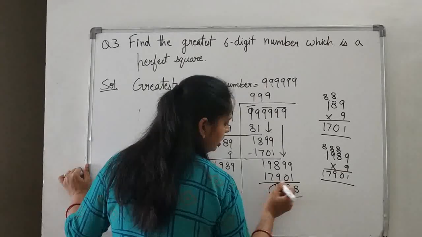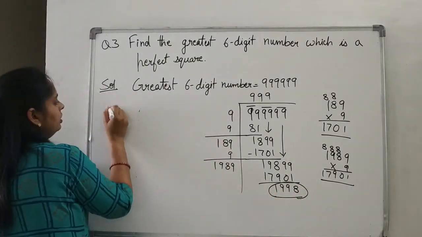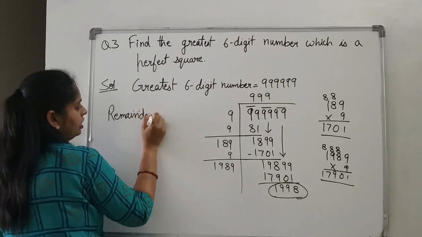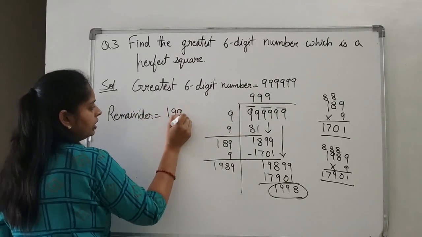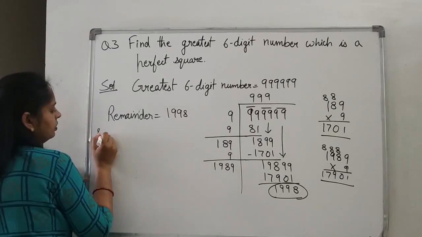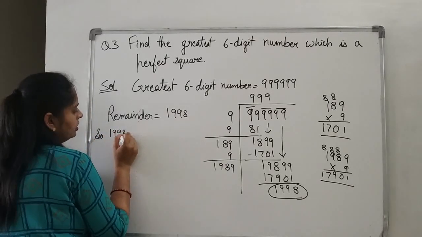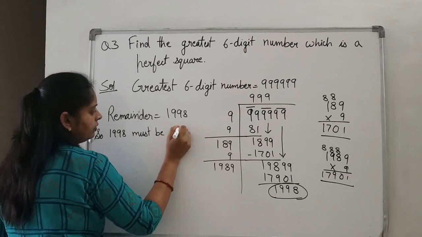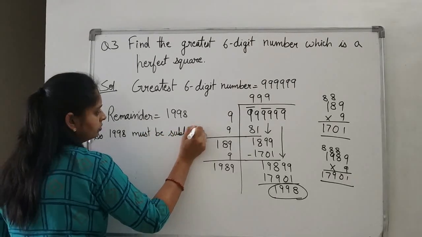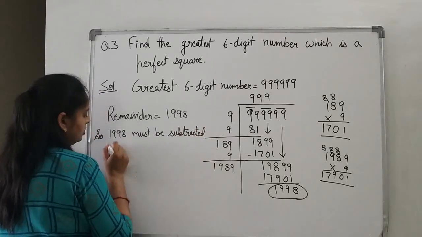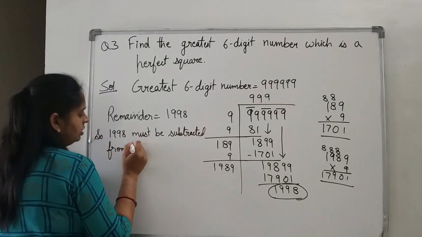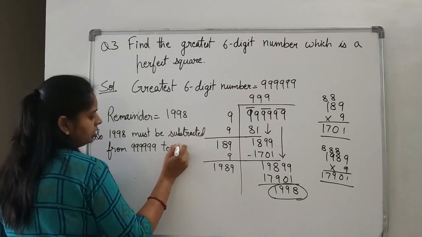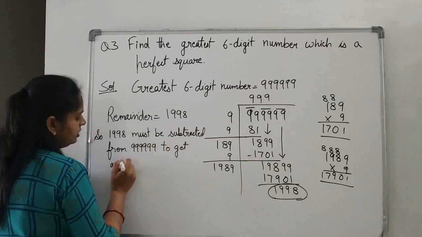So this is the remainder we got. Here we got the remainder equal to 1998. So 1998 must be subtracted from 999,999 to get a perfect square.